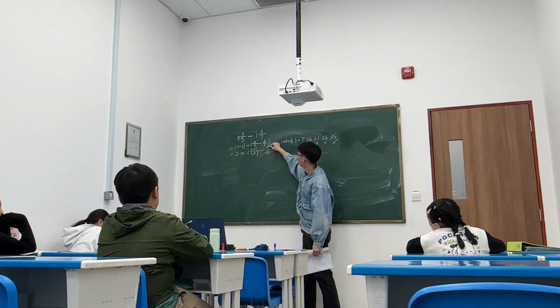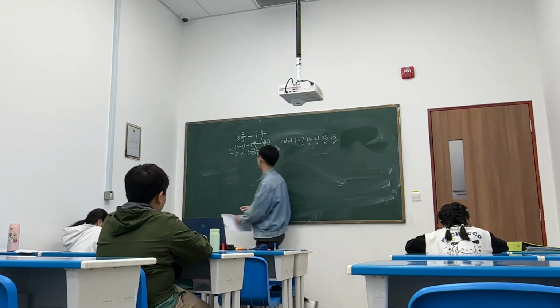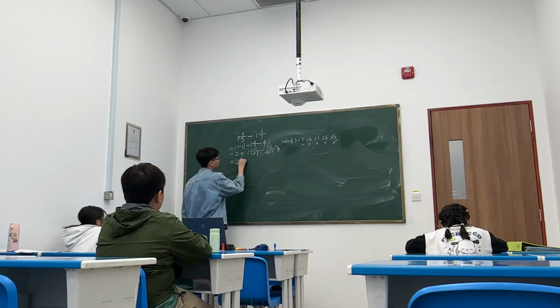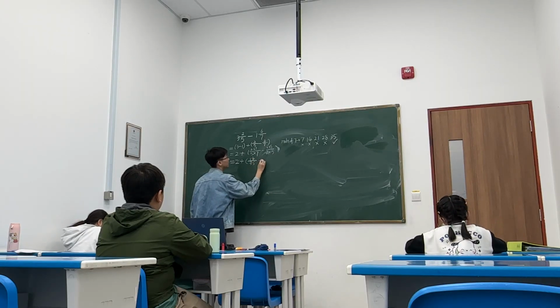So 6 also needs to times 5. Then we'll obtain 2 plus 14 over 35 minus 30 over 35.